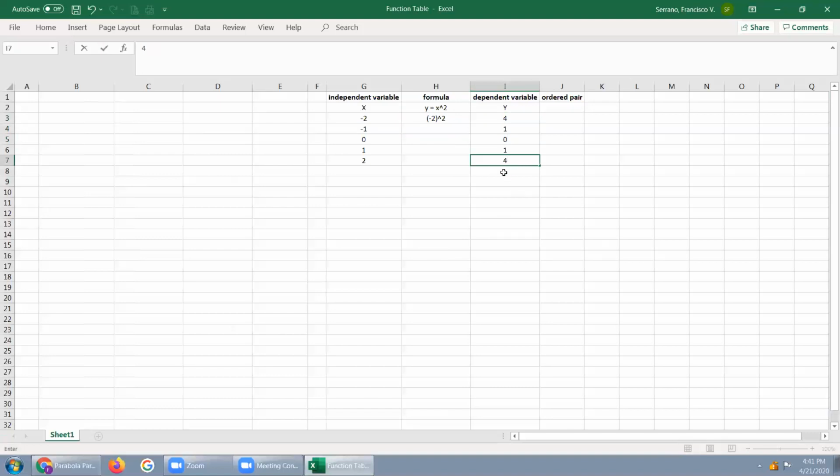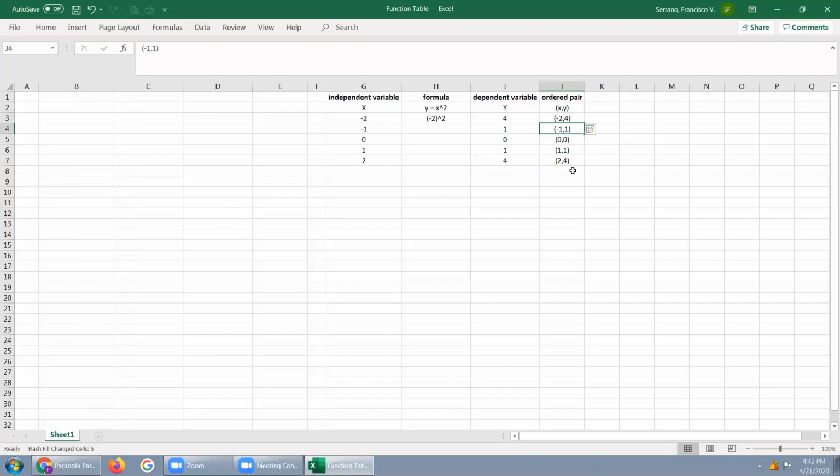So remember those points. You can pause it and copy the ordered pairs like this, X and Y. You don't have to copy X and Y, but copy the next 5 points. When X is negative 2, Y is 4. Look at that. My Excel is doing it.